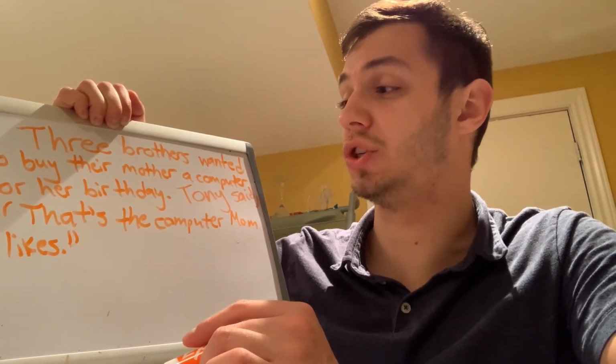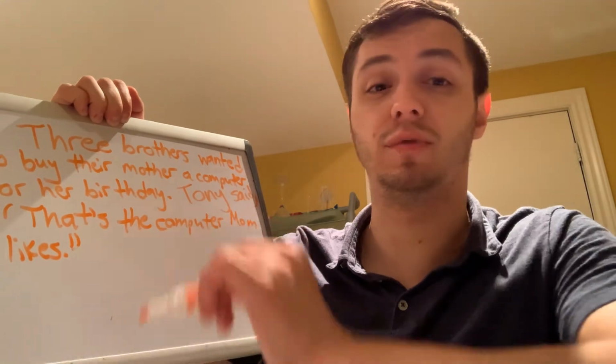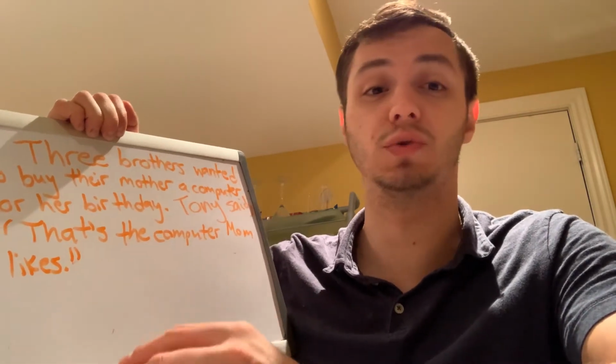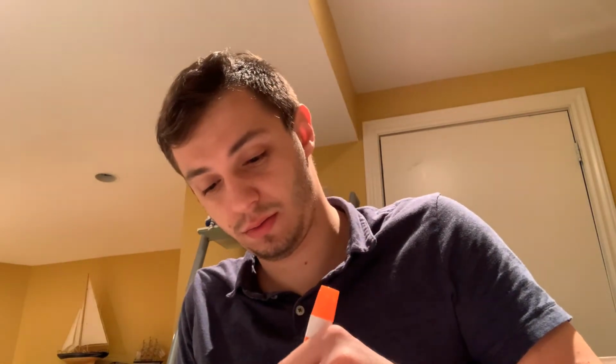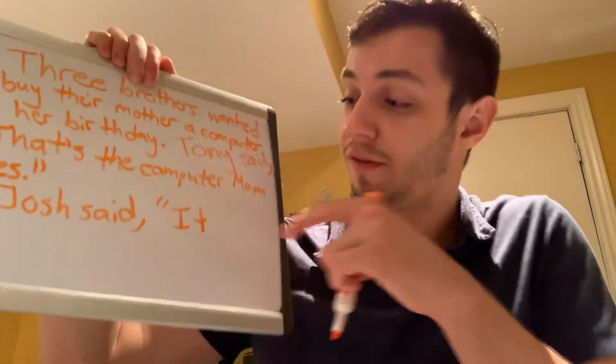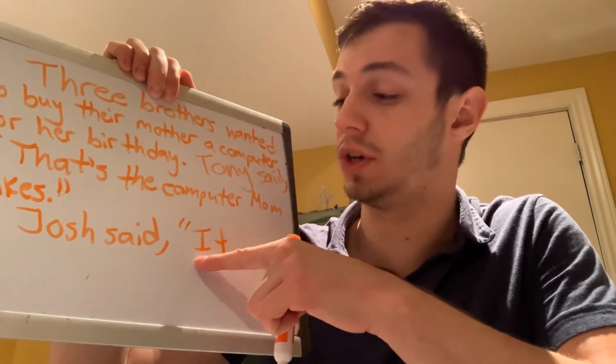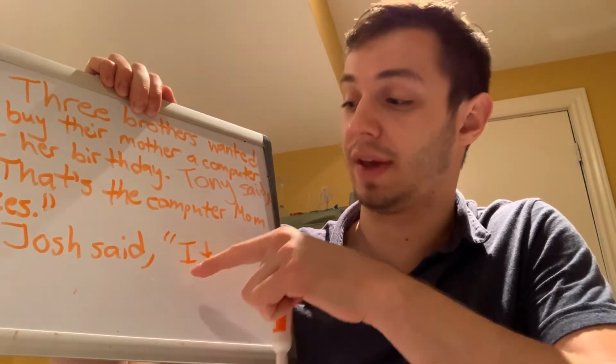But what I have to make sure is to start a new paragraph when Josh speaks because he's a new speaker. So I can write, Josh said, comma, and then what he said is, It costs $999. So I'm going to put that in quotation marks. Just as a tip, remember the first word that comes after the quotation marks has to begin with a capital letter.